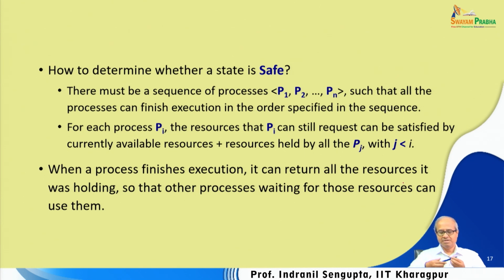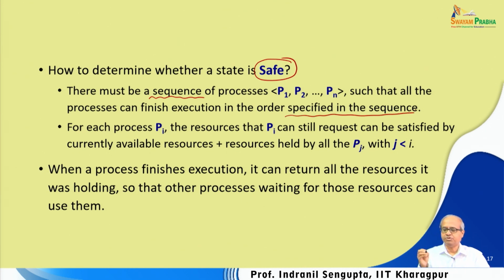This is what I just mentioned: how to determine whether a state is safe. Suppose there are n processes in the system, P1, P2 to Pn. A state is said to be safe if there is a particular ordered sequence of processes, P1 followed by P2 followed by P3, at the end Pn, such that all the processes can finish execution in the order specified in the sequence.